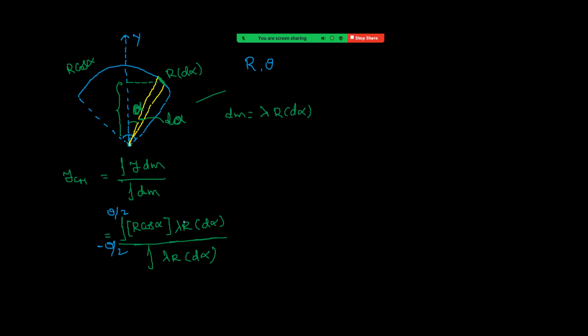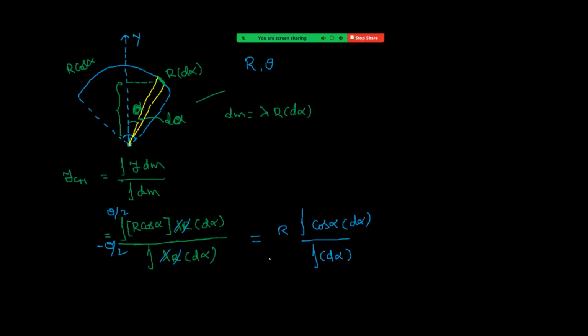Same thing here also. You can see here that lambda and r are both constants, so we can cancel. The remaining is r cos alpha d alpha. R is a constant, taking outside. The remaining is integration of cos alpha d alpha upon integration of d alpha.